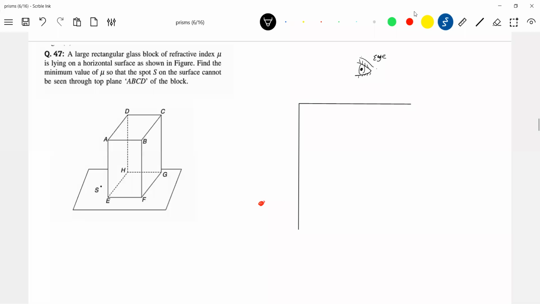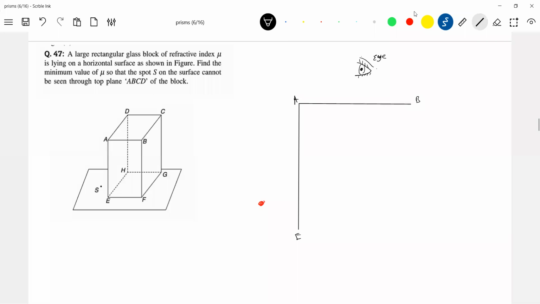It should not be able to see the spot. So the rays, what happens after refraction? If they undergo TIR here at the face, this will be for our convenience. I will write it like I'm making a plane diagram. A and AB, no problem with it.